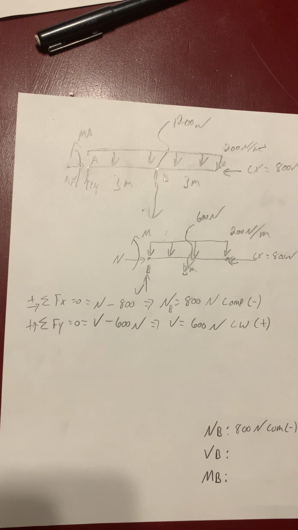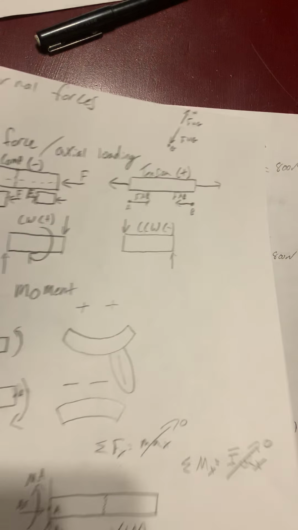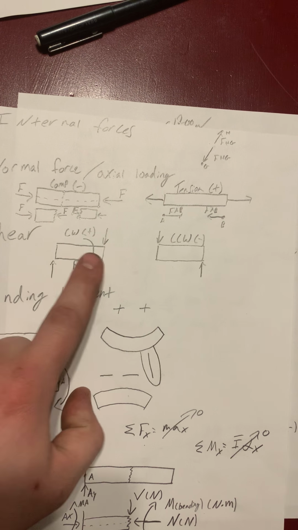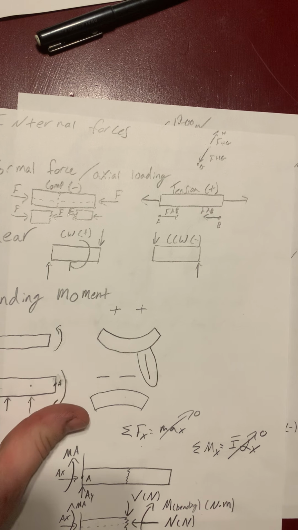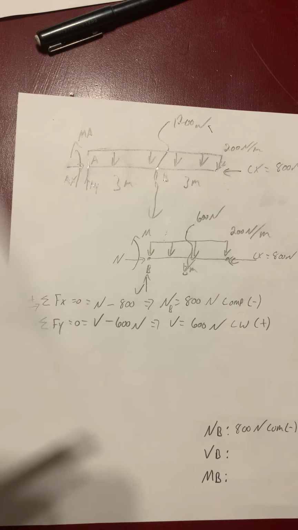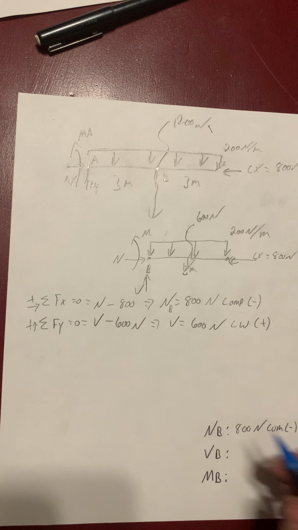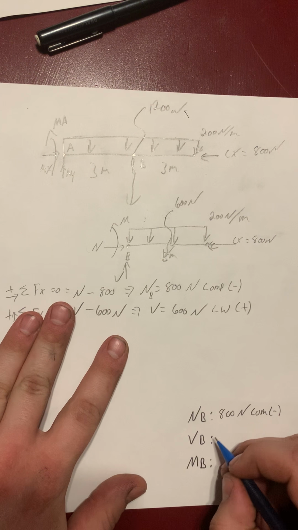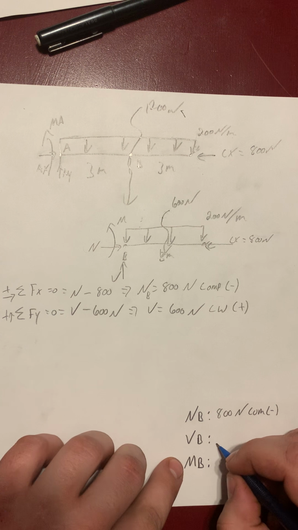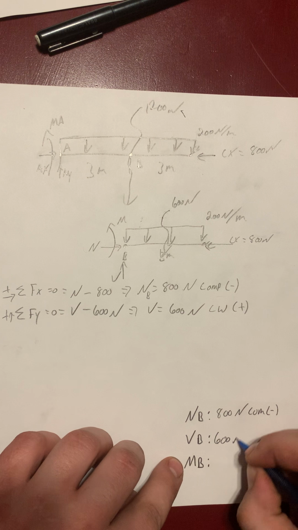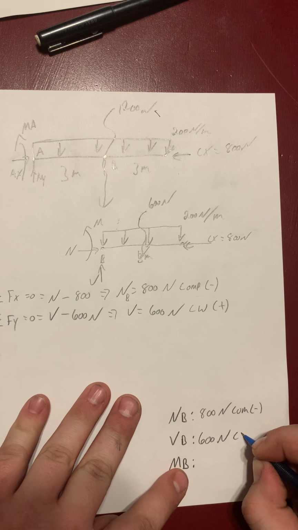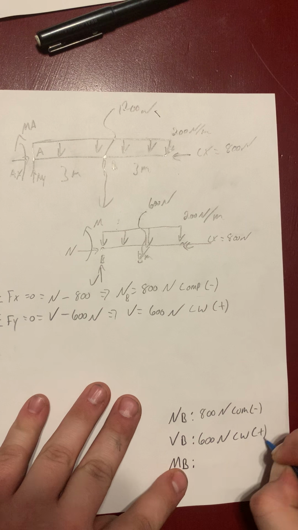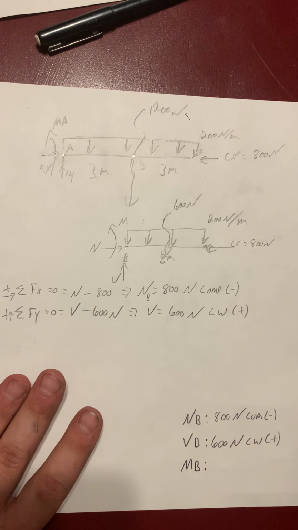If we go back to our sign convention, we said that clockwise shear is positive. Okay? So we can put that down here. V of B, shear of B, is equal to 600 newtons clockwise, which is positive. All right?